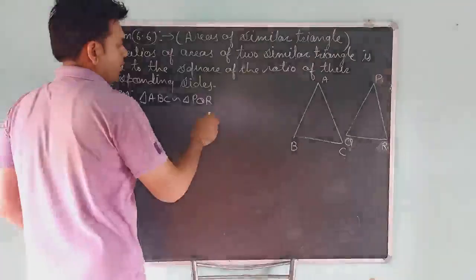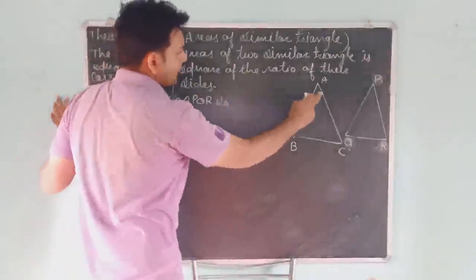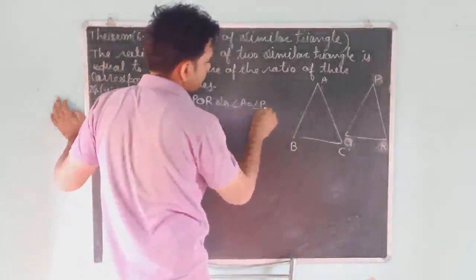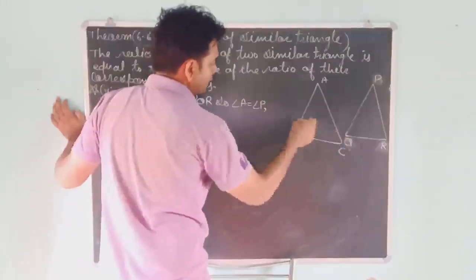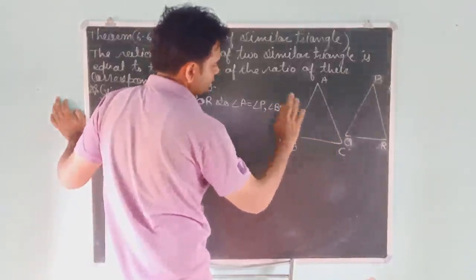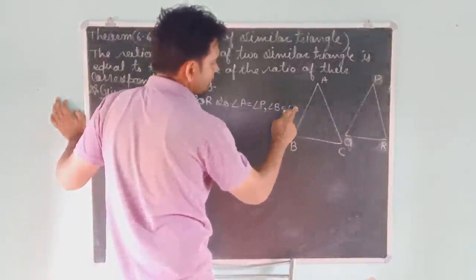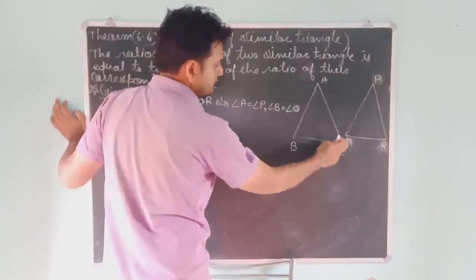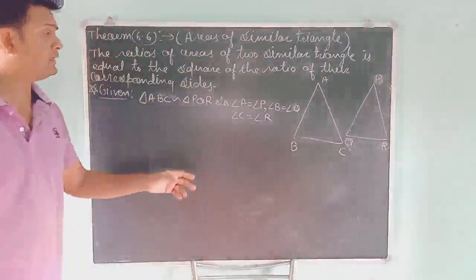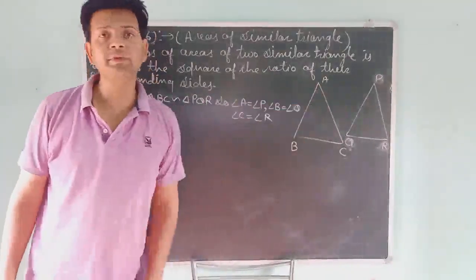So here I can write, angle A equal angle P, angle B equal angle Q, and angle C is equal to angle R. So students, here you can see that the corresponding angles of two similar triangles are equal to each other.